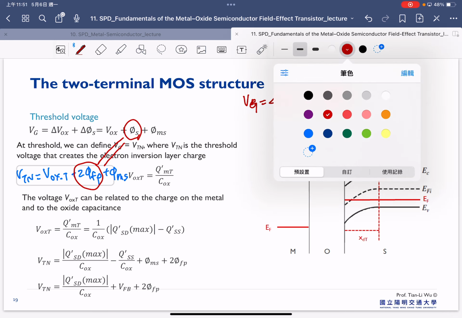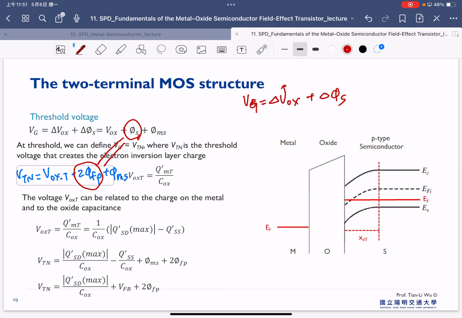So this is the voltage drop in the oxide, and this is the voltage drop in the surface.